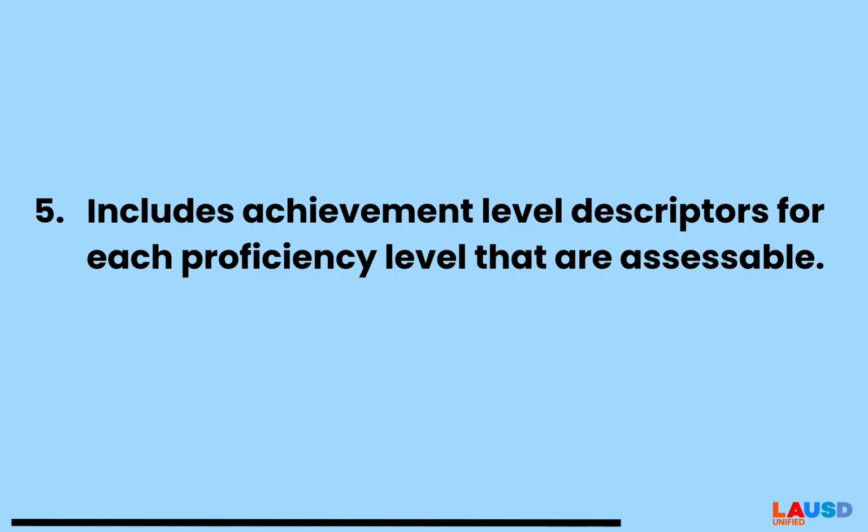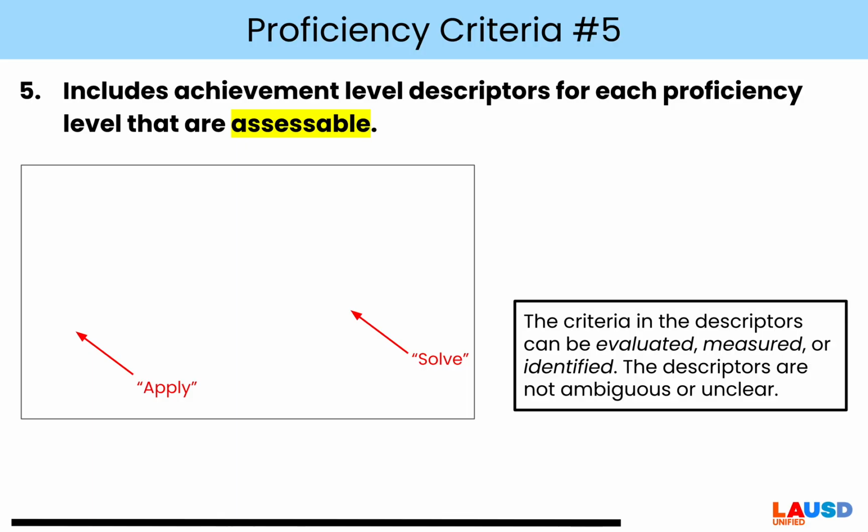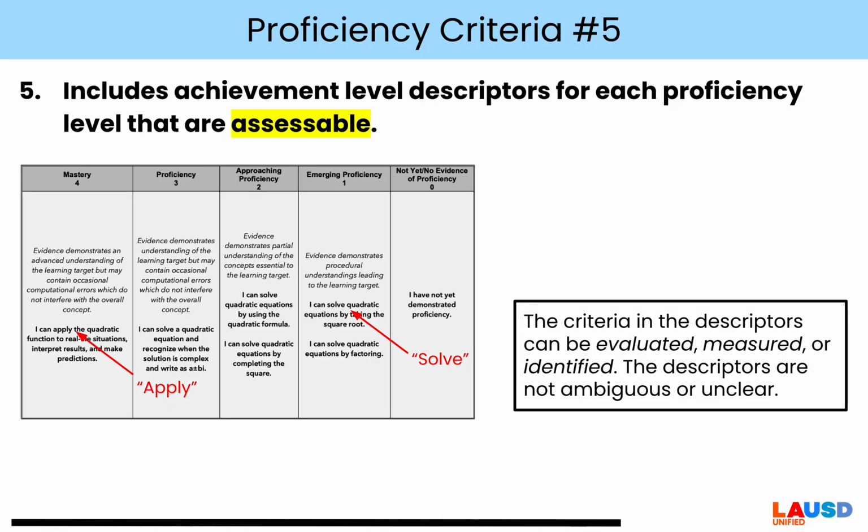Our fifth proficiency criteria includes achievement level descriptors for each proficiency level that are accessible. So looking more closely at the criteria outlined on this proficiency scale, these are descriptors that can be evaluated, measured, or identified. The descriptors are not ambiguous or unclear.